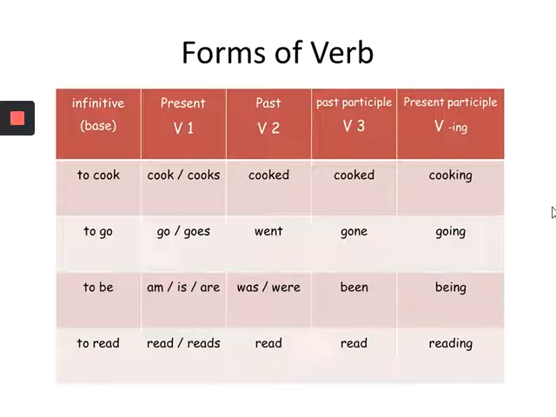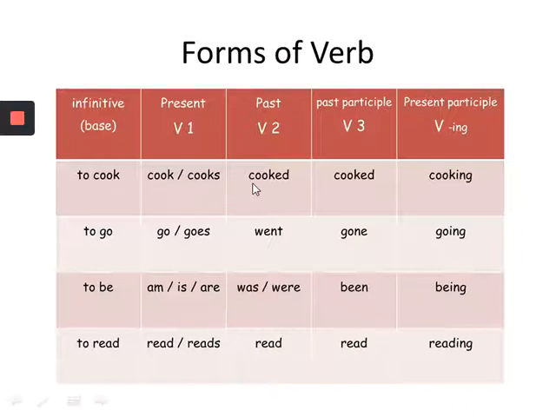Verbs that do not change their shape and only use ed or s to transform into other forms of verb are called regular verbs, and verbs that change their shape as they move on to another form of verb are called irregular verbs.